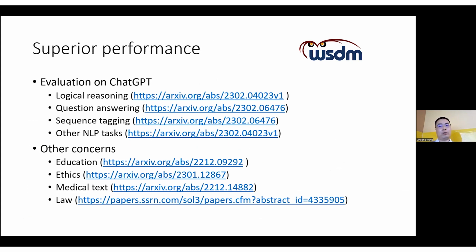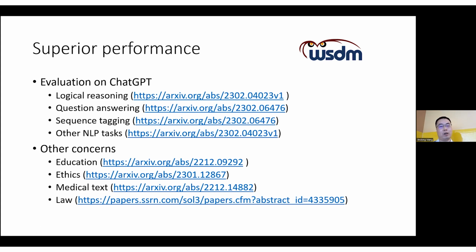Before we start, I'd like to just recap some evaluations on ChatGPT. You would never imagine, since the launch of ChatGPT maybe 2 months ago, there are lots of papers trying to evaluate ChatGPT on different aspects like logical reasoning, question answering, sentence tagging, and other kinds of NLP tasks. I'm sure that today you can log into arXiv and search for ChatGPT.